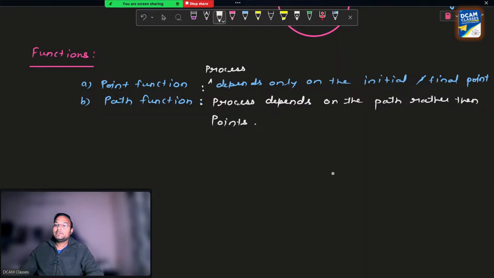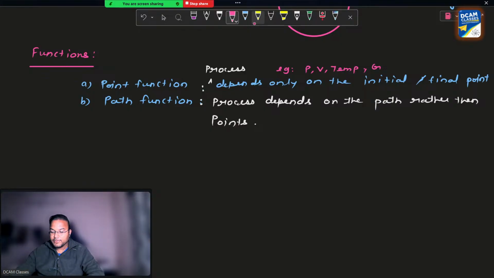So what is a point function? It depends only on the initial and final points, not on the process. A path function depends on the path rather than the points. I'll give you an example. Point function examples are pressure, volume, temperature, mostly. Gibbs function is also there.